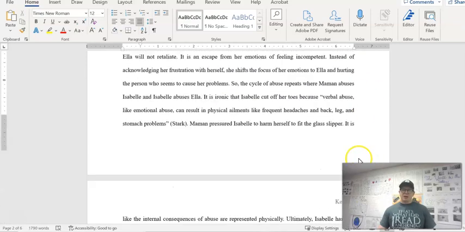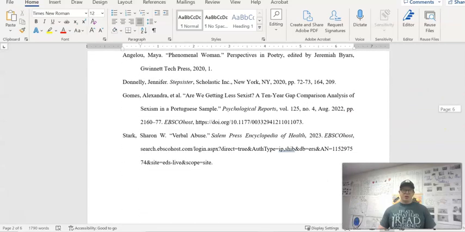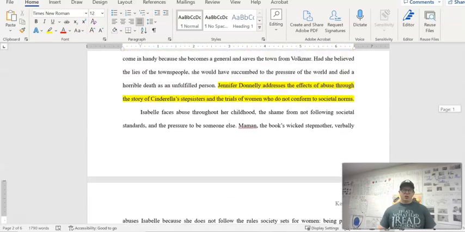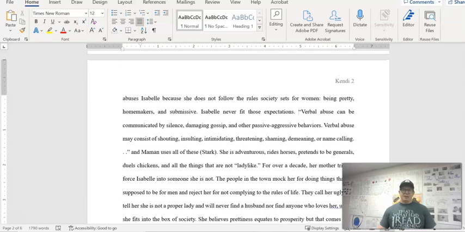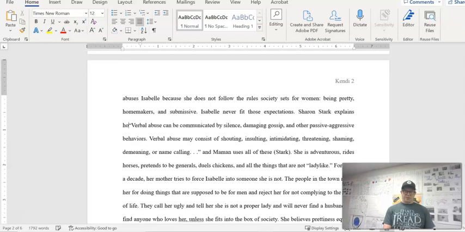And I kind of like to introduce quotes with who says it. Like Stark. I might say something like, Sharon Stark explains how verbal abuse can be communicated by silence, and so on, and Mammon uses all of these.